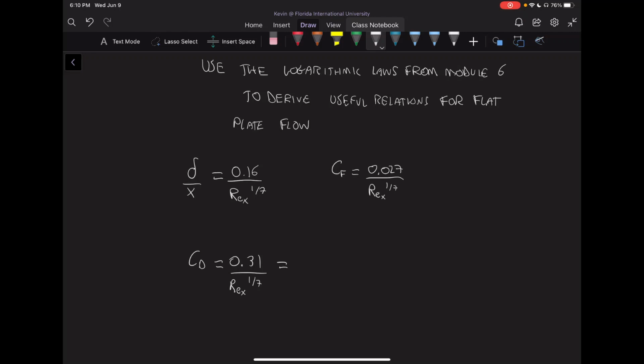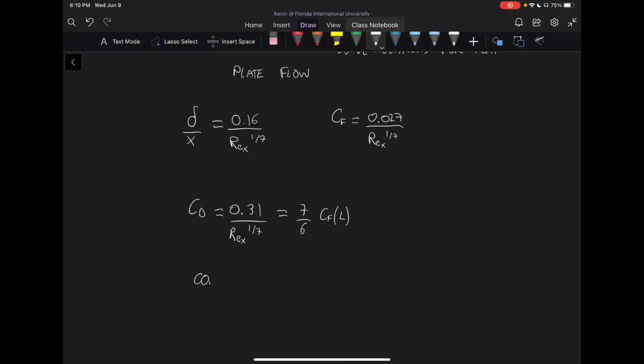And so we have that this is actually equal to 7/6 of CF as a function of L. Okay, so we can say that for a turbulent flat plate, the coefficient of drag is 16% more than CF.